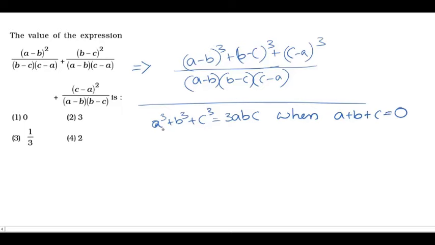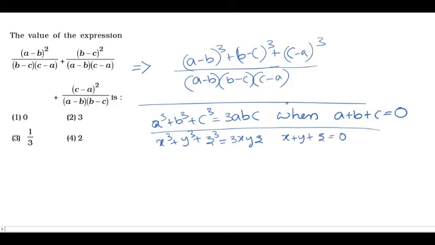So in this case, to avoid confusion, let's take x cube plus y cube plus z cube equal to 3xyz, when x plus y plus z equals 0.